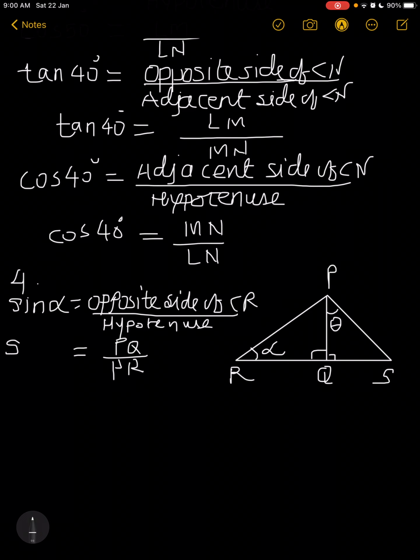Two triangles are there, so don't mix the two triangles here. Observe separately PQR and PQS. This time we have written alpha, triangle PQR sides.